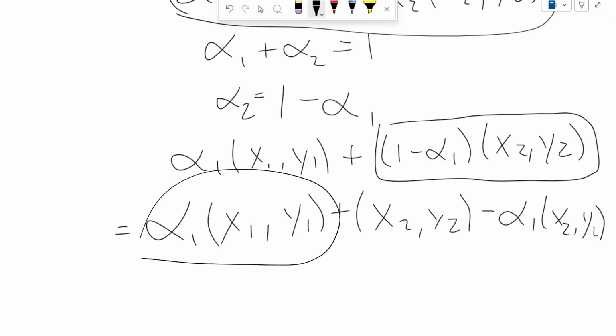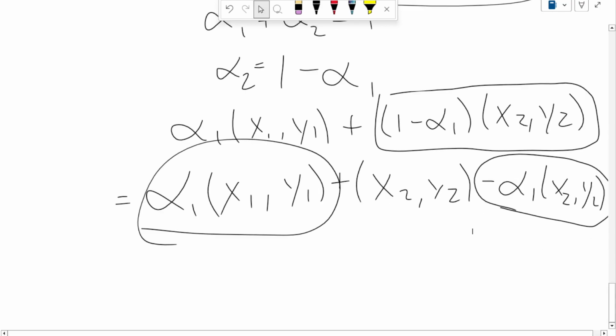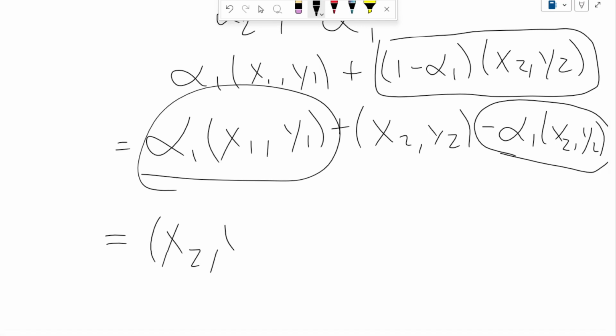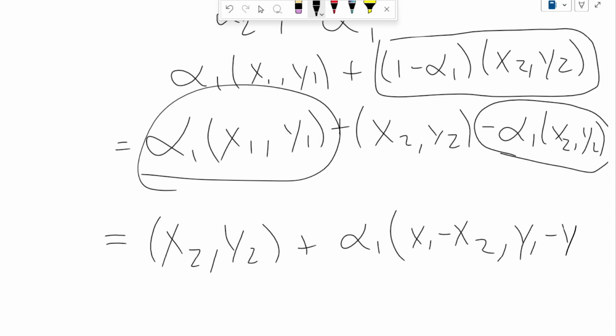But now we have 2 multiples of alpha 1 in the expression. So we can group them together, and we can get (x2, y2) plus alpha 1 times (x1 minus x2, y1 minus y2).